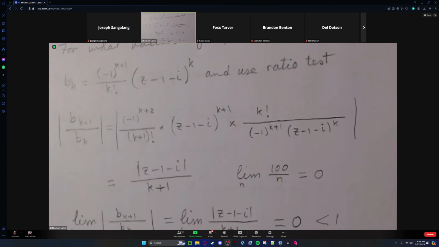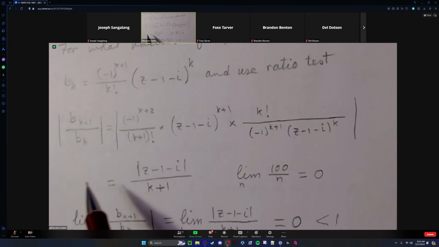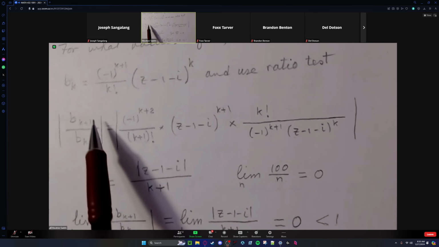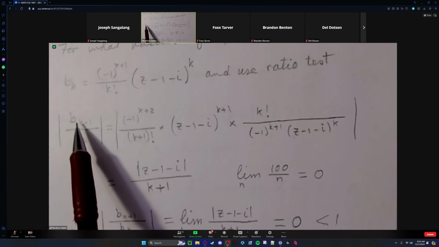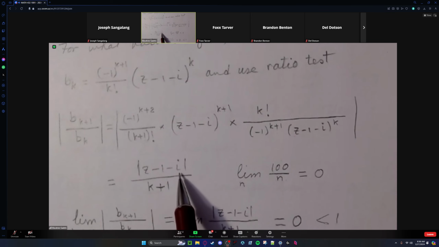The generalized ratio test works this way. After you form this quotient, the modulus, then you take the limit as k approaches infinity. In this case, as k approaches infinity, the denominator gets huge and the numerator is fixed, so you get 0.